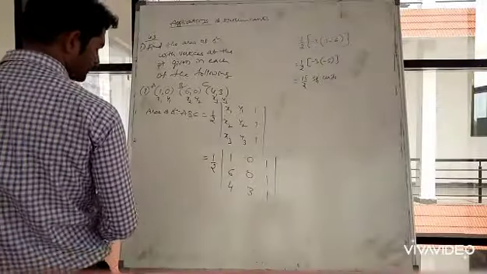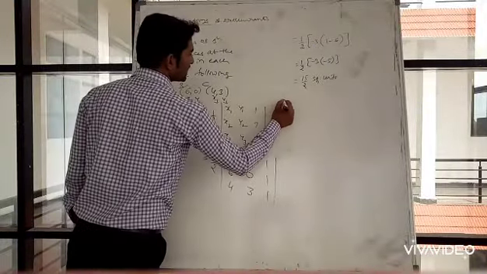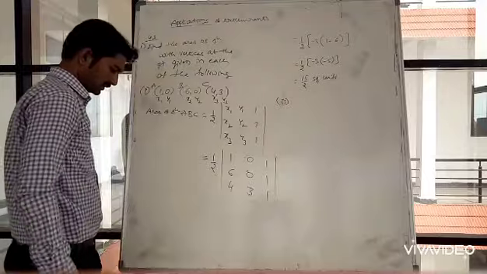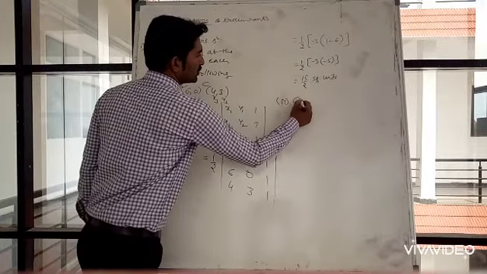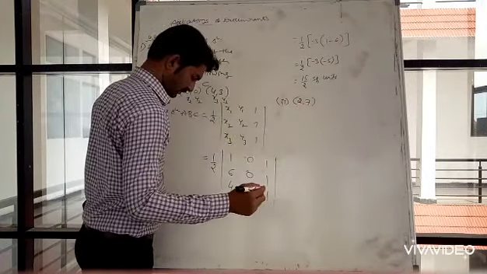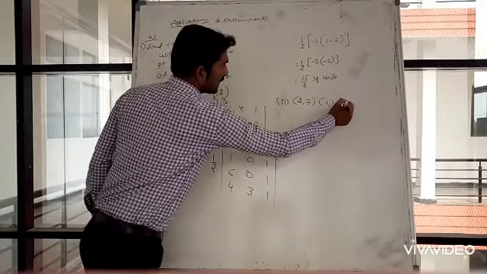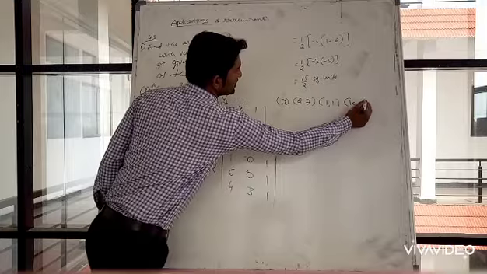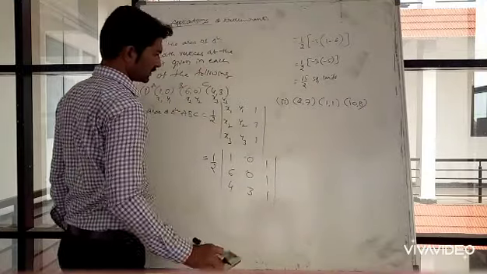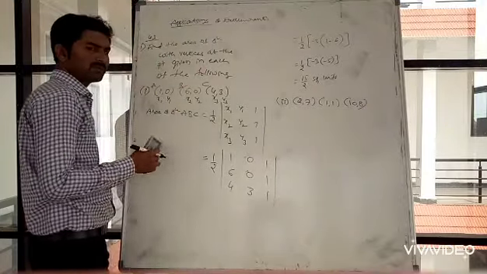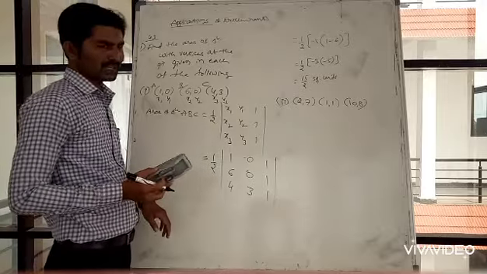Next example: (2, 7), (1, 1) and (10, 8). Same type of example, same formula.